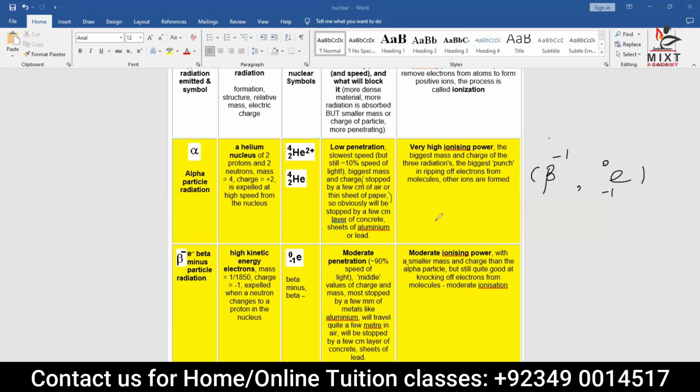So that point now: in an electric field, beta particles show deflection towards the positive terminal. In the bracket, write anode.